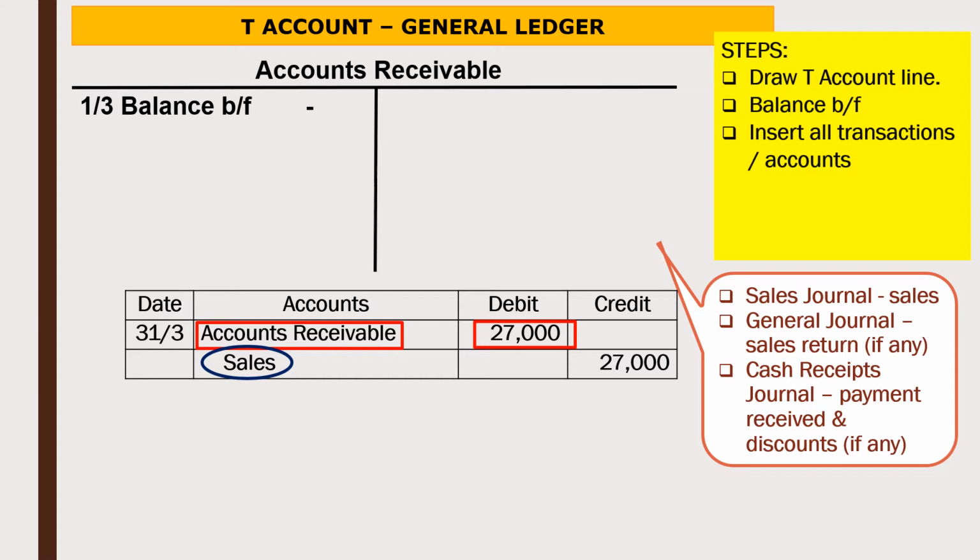So, you have to write down on the debit side sales 27,000 on 31st March.